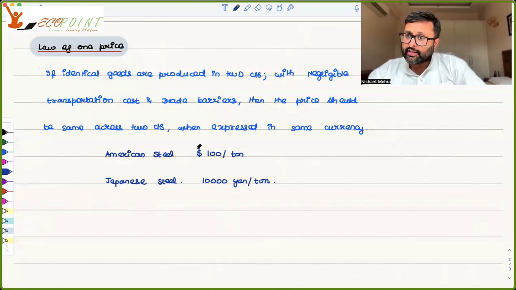So for the law of one price to hold, what should be the exchange rate?